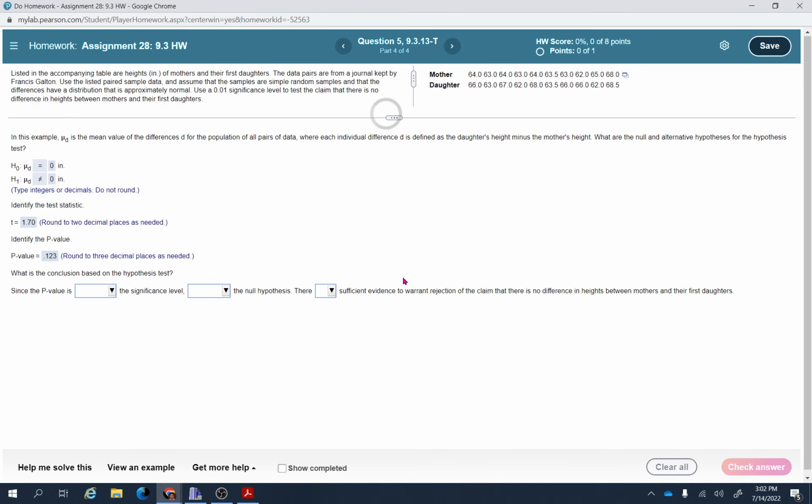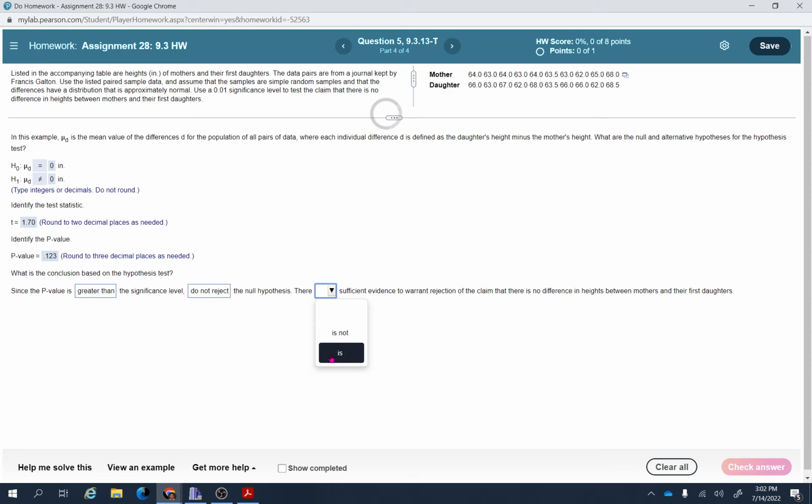And now, as you can see, the significance level is 0.01, and the p-value is greater than that. So since the p-value is greater than the significance level, we do not reject the null hypothesis.